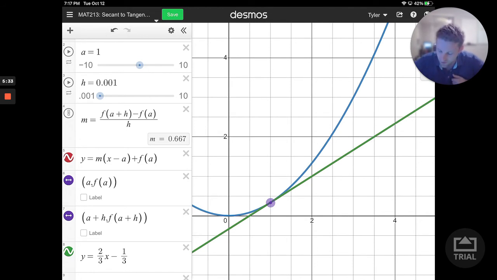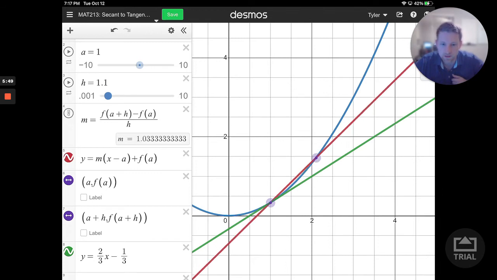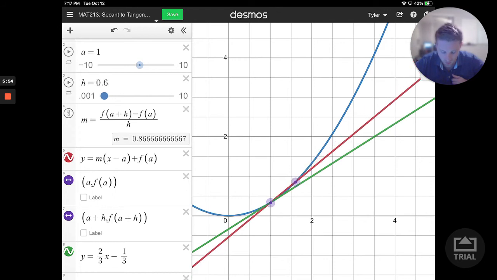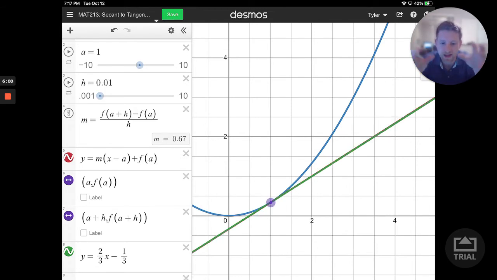And so if I bring this h back and we get our secant line, as I decrease the distance between those two points, that h value, notice how the secant line here in red is getting closer and closer and closer to that true tangent line that we're looking for. In other words, we're getting closer to that exact instantaneous rate of change at the point 1.